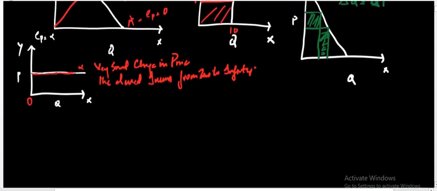Now let me take up the last two cases, that is the elasticity of price being greater than 1 and the elasticity of price being less than 1. Let me change the color first. Now let me take quantity on the x-axis and the price on the y-axis. Now we have to discuss the elasticity of price being greater than 1. Typically this is the scenario when elasticity of price is greater than 1. Now let me draw up a curve for you.